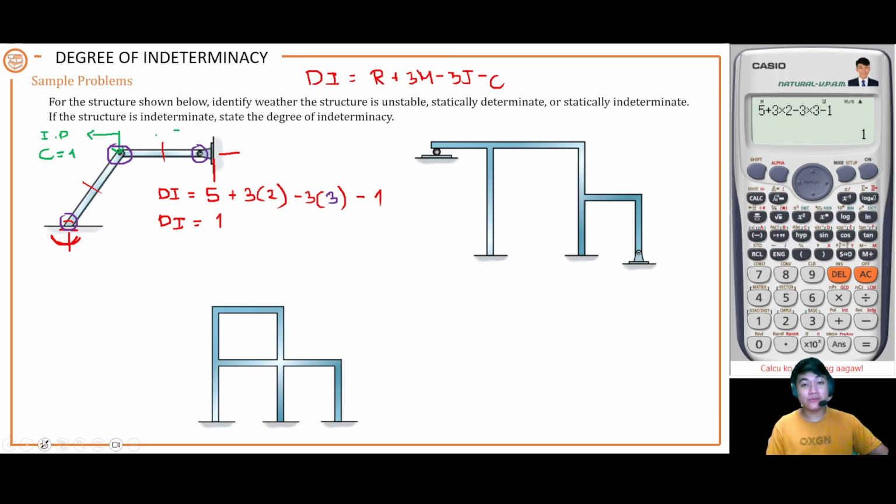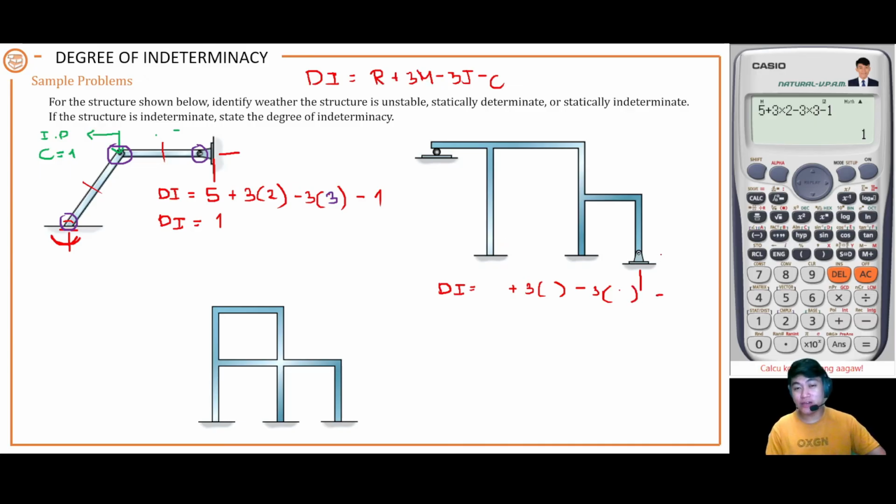How about this problem? Okay, so we have reactions first. The degree of indeterminacy is equal to reactions plus 3 times the number of members minus 3 times the number of joints, minus the special conditions.